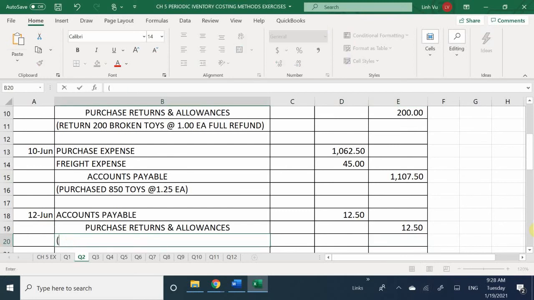So I'm going to go ahead and place it right here that I returned 50 toys at $1.25 for 20% discount.